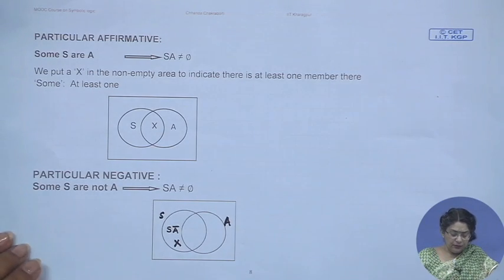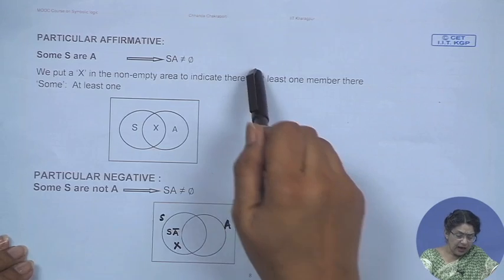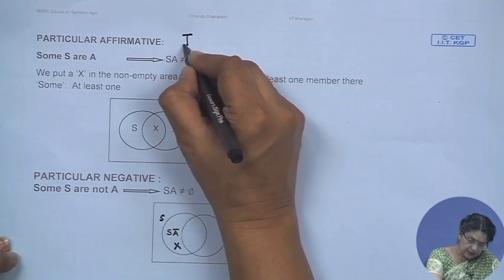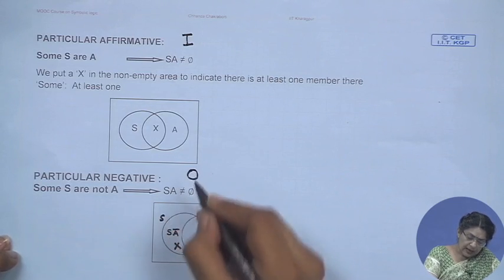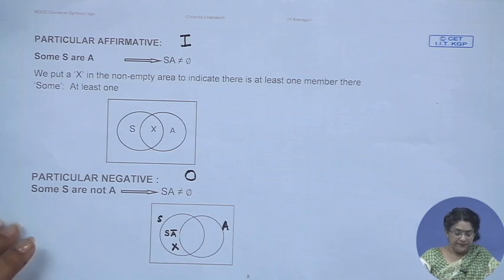I will let you take a look at this. This is how we are going to represent the four basic kinds in our Venn diagram. This is I and this is your O. Let us put that down. And this is how all I's and O's are going to be represented as we consider them.